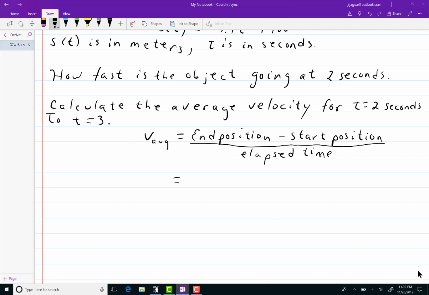So if I could get the position at 3 seconds, subtract the position at 2 seconds, and divide by the elapsed time, well, how much time has elapsed? From 2 to 3, the total difference is, well, I'll write this, 3 minus 2 so we can see where it comes from. 3 seconds minus 2 seconds. The elapsed time will be 1 then. And this will be in meters per second.